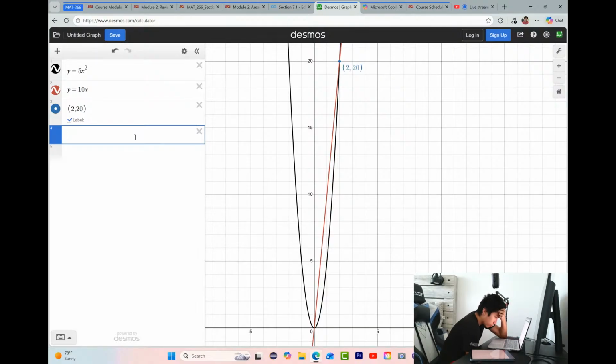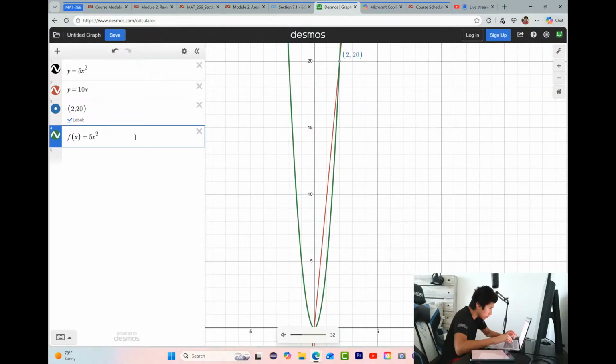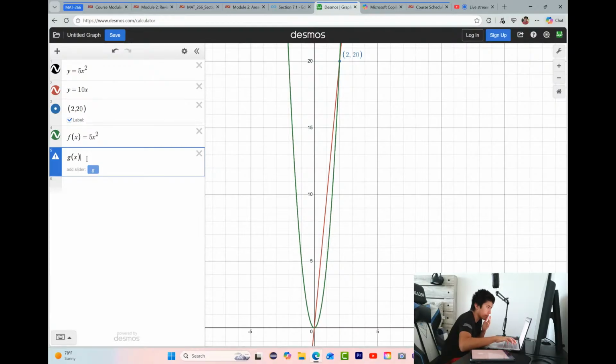I don't know how to get out of this room. Two, 20 is impossible. Okay, f of x equals 5x squared. And then the derivative would be 10x.